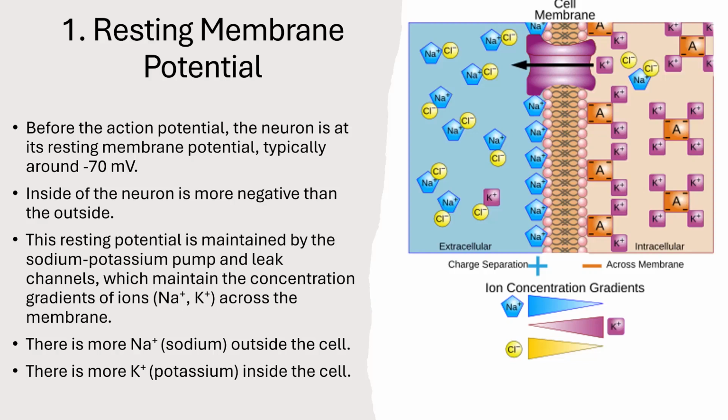This resting potential is maintained by the sodium-potassium pump and leak channels, which maintain the concentration gradients of sodium and potassium ions across the membrane. We saw that there is more sodium outside the cell and more potassium inside the cell.